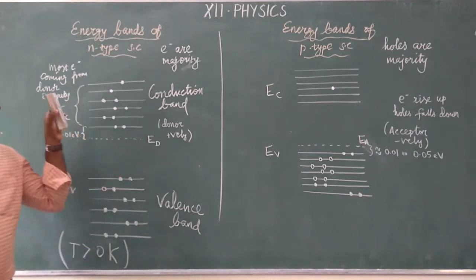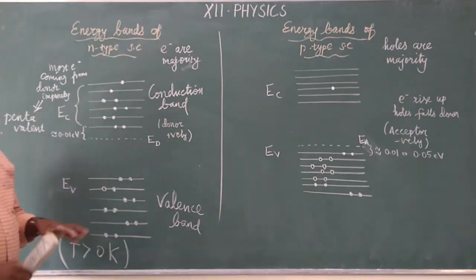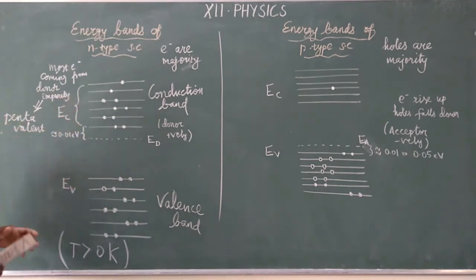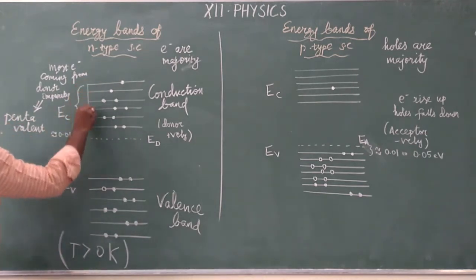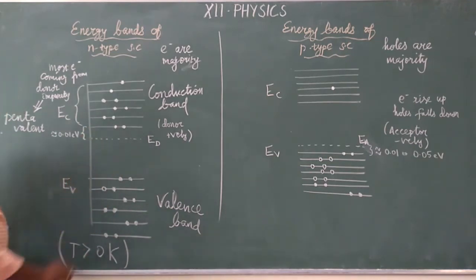What is the donor impurity, trivalent or pentavalent? Pentavalent. So when a pentavalent substance is added to the pure intrinsic semiconductor, we get N-type semiconductors. This is how the energy bands look in N-type.